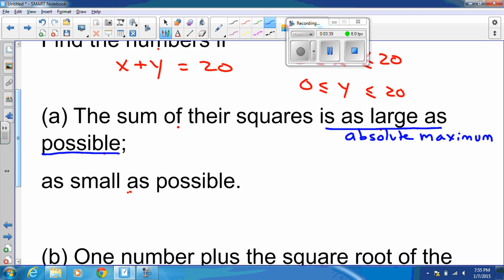What are we looking for the absolute maximum of? We're looking for the absolute maximum of the sum of their squares. So we need to construct the sum of their squares, which is going to be x squared plus y squared. And because that sum of squares is a function, we're going to call it some kind of function. Let's call it s, or sum.